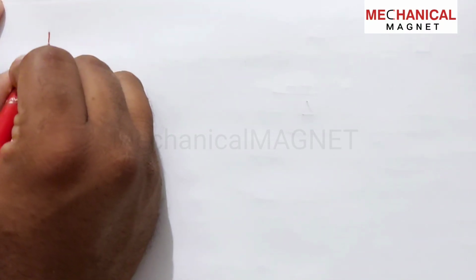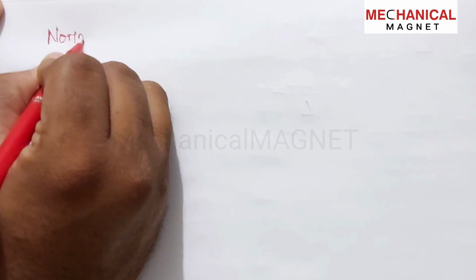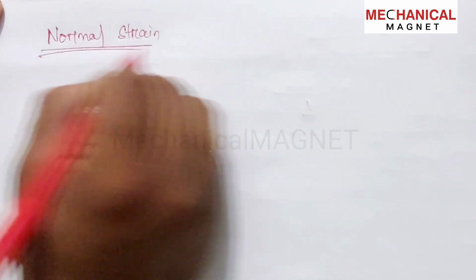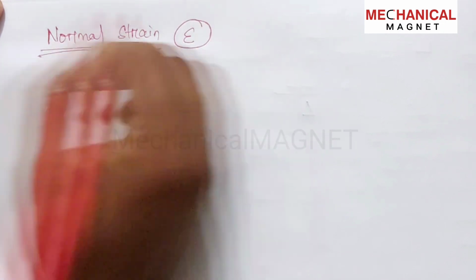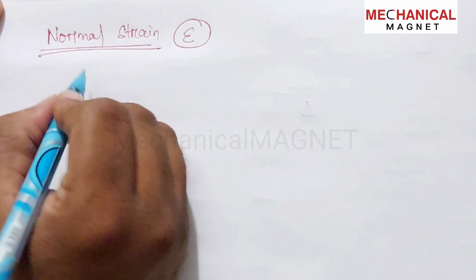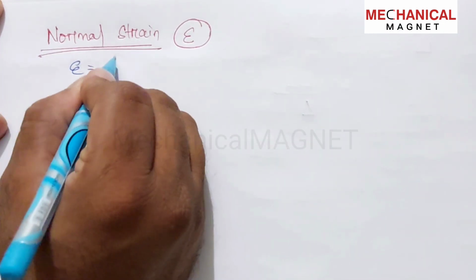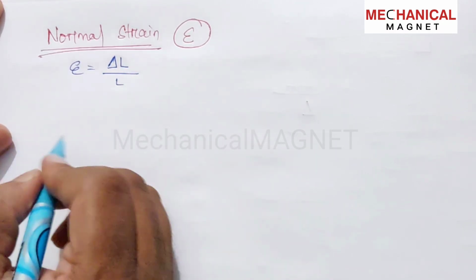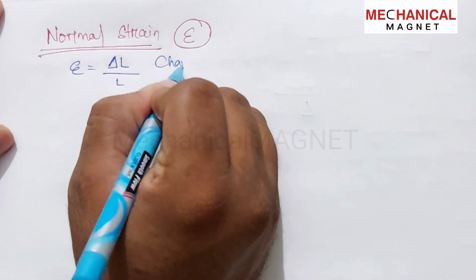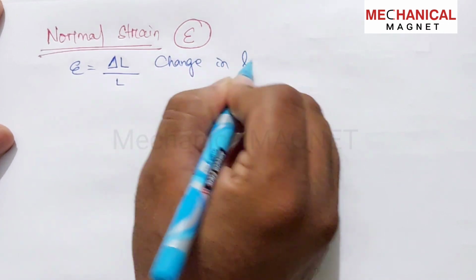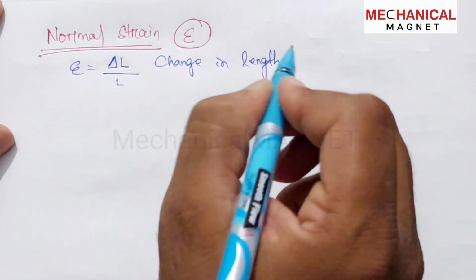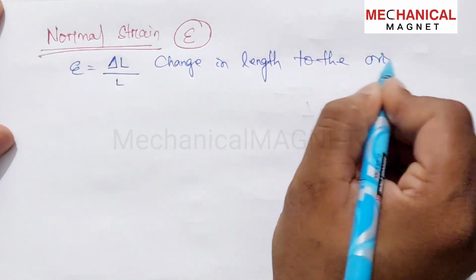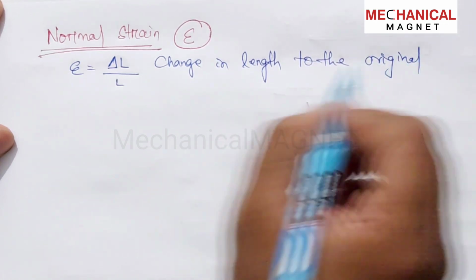Today we are going to discuss the normal strain. So what is the normal strain? It is denoted as epsilon. We know that epsilon is equal to delta L by L. Delta L means the change in length to the original length.